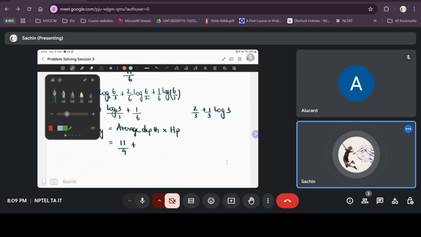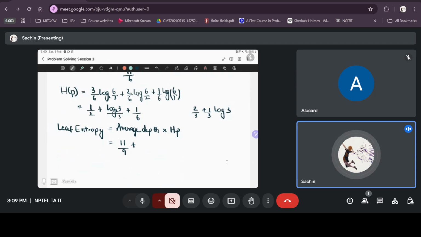So we can split the final term as log of 3 into 2 divided by 6, which can be written as log 3 by 6 plus log 2 by 6. Let me write that again. 3 over 6 is half.